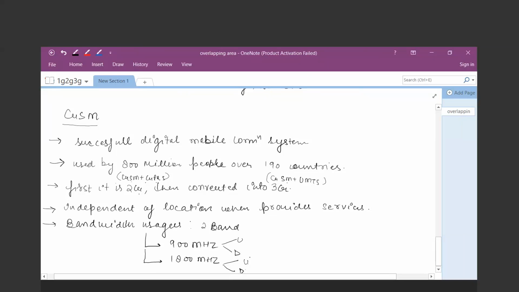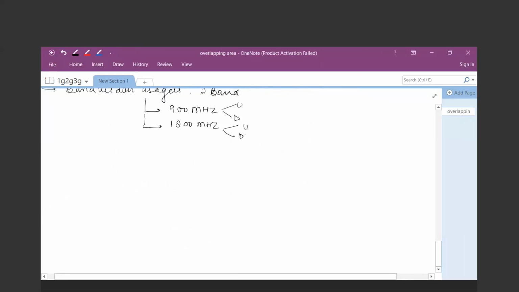So what are the services provided by GSM that we will learn? GSM provides you three types of service. The first one is called the bearer service.